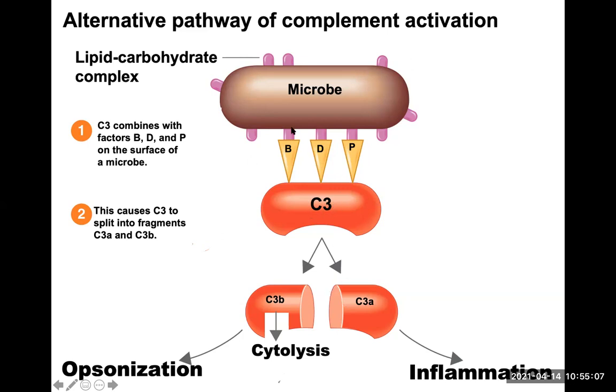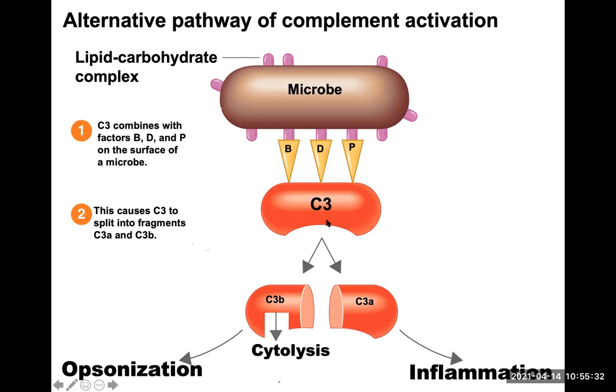So you do need to know everything here. Some of the receptors on microbes are these lipid carbohydrate patterns that will bind to these factors in the blood called BDP, and those are going to directly cleave the C3 protein. C3 is also always in the blood.